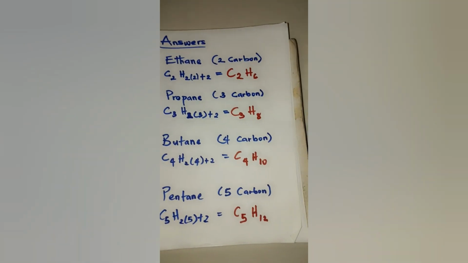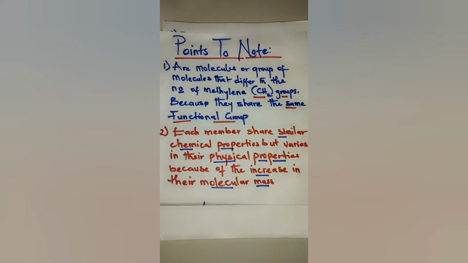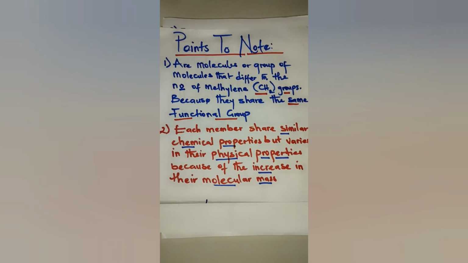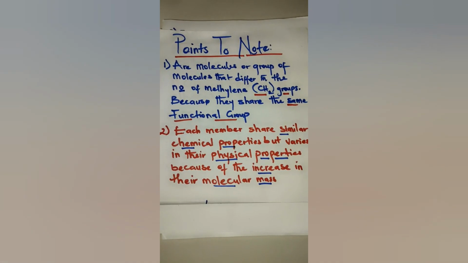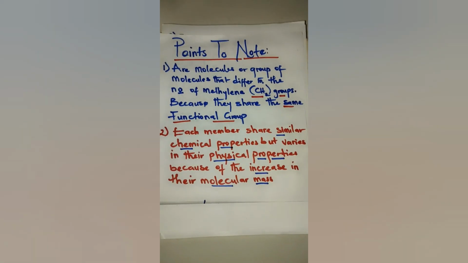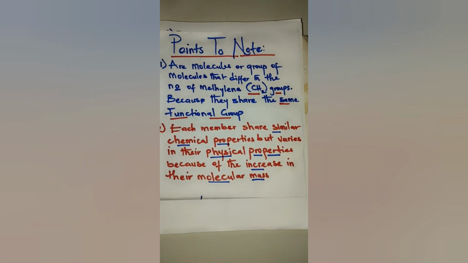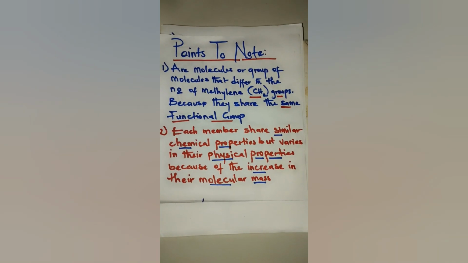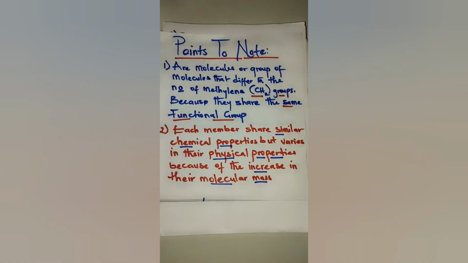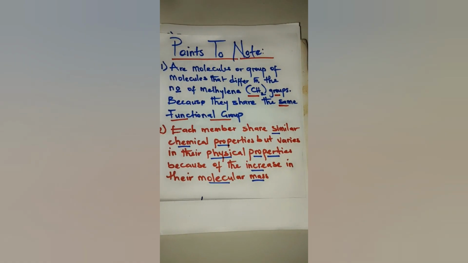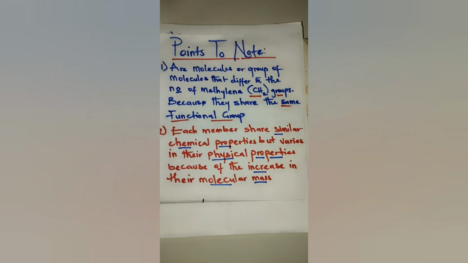So let's look at our take home. Remember that homologous series are molecules or groups of molecules that differ in the number of methylene groups because they share the same functional group. Each member shares similar, not the same, chemical properties, but experiences a gradation in their physical properties because of the increase in their molecular mass.